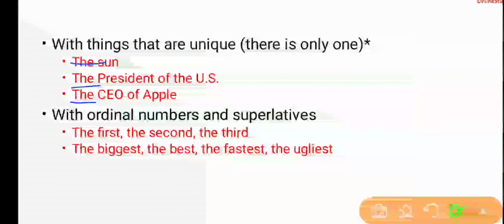Okay. We also use the with ordinal numbers and superlatives. For example, the first, the second, the third, and superlatives like the biggest, the best, the fastest, the ugliest, etc. So at such places we can use the.